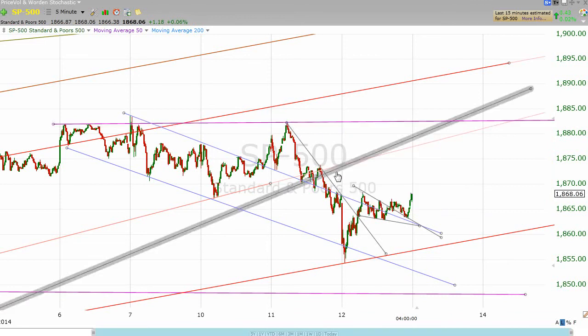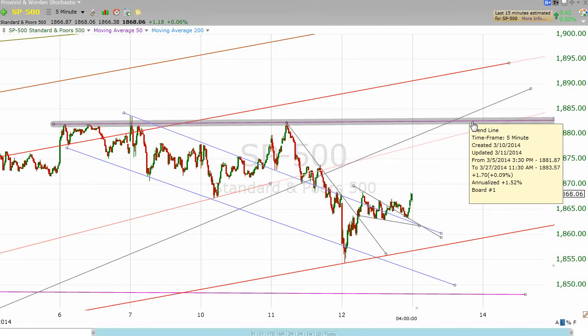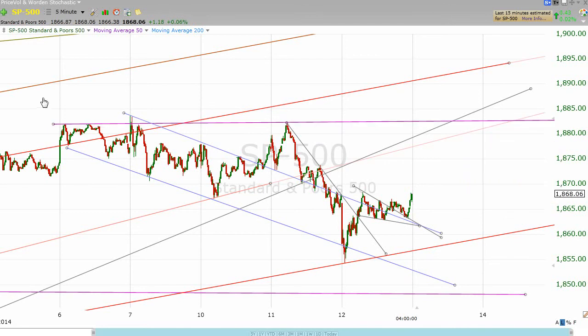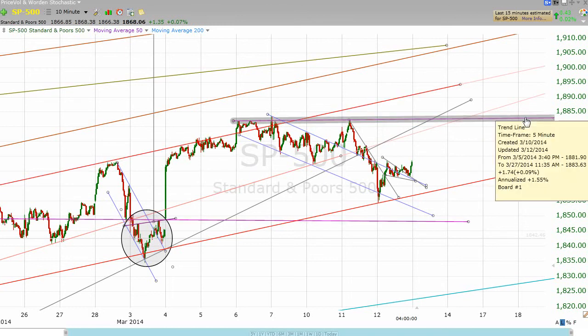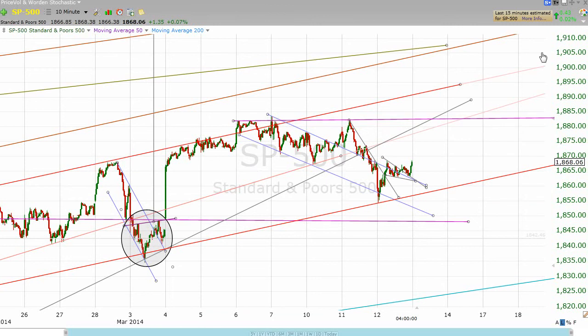And if we do come up and knock on this line again, we may be seeing a very familiar pattern, and instead of it being a small inverted head and shoulders right here, left shoulder, head, actually I had this line there to start with, but I've moved it. Maybe we have left shoulder, head, and then right shoulder, and then we take out 1883, and we get over 1900 with that projected move.